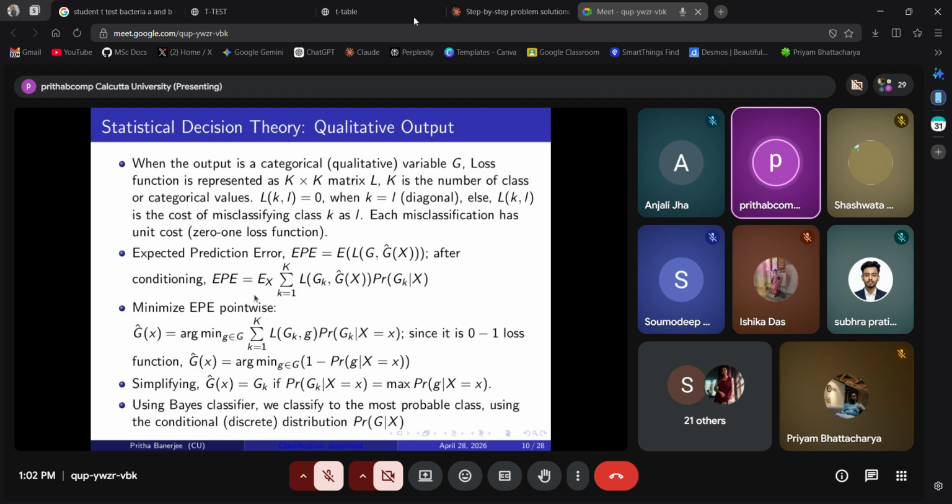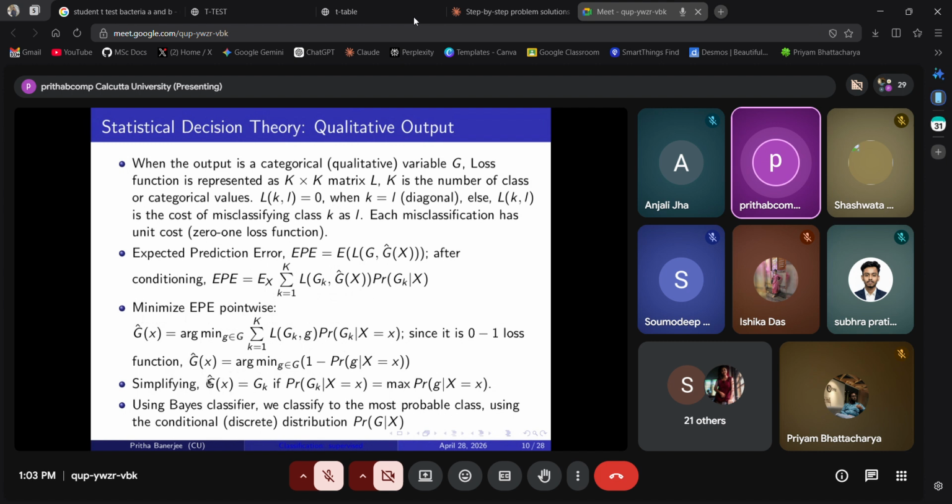I'm leaving out the mathematics. Simply, to minimize, you have to do this differentiation and all such things, and I'm not going into all of that now.